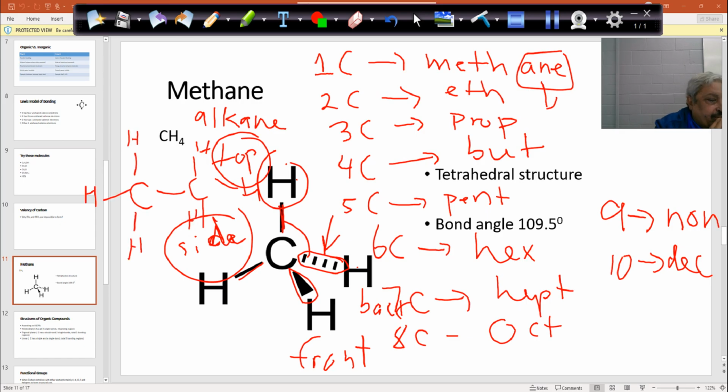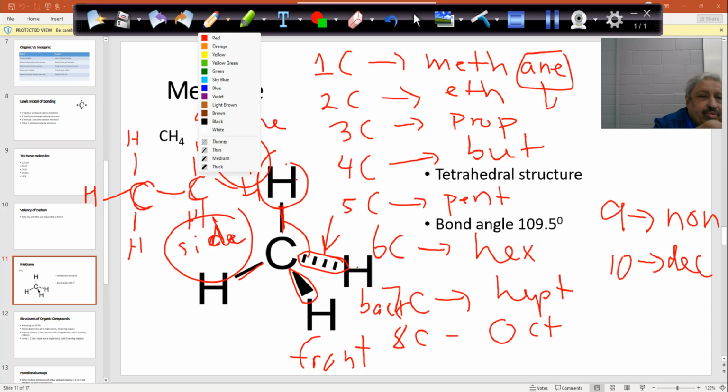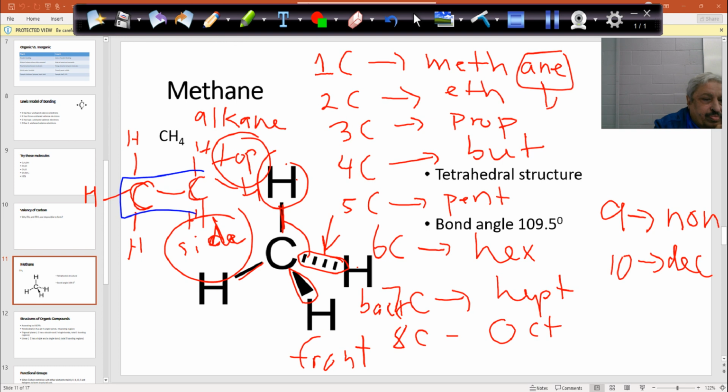That's ethane, correct? Each of those two carbons will mix with each other. So the hybrid means a mixture, a combination of orbitals. So each carbon will come up with sp3.